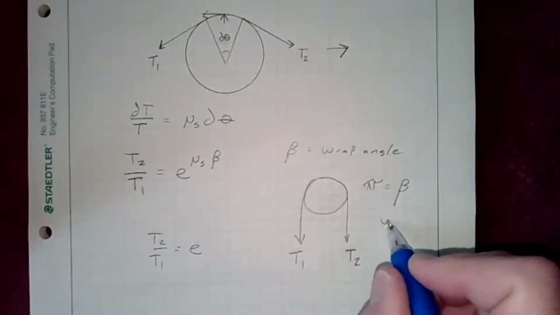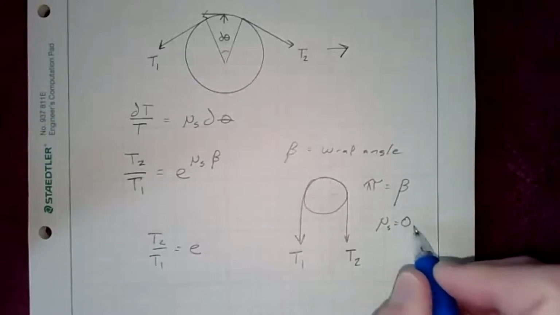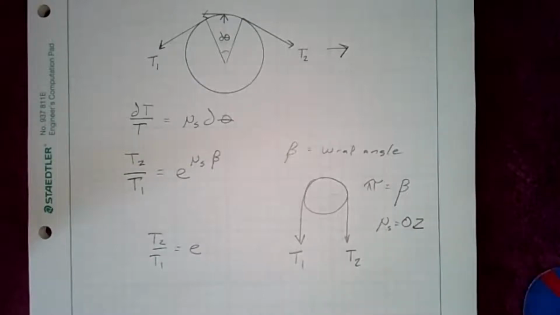And let's say that we had a mu static equal to 0.2. If that were the case, then what we could do is take 0.2 and pi and take the exponent.